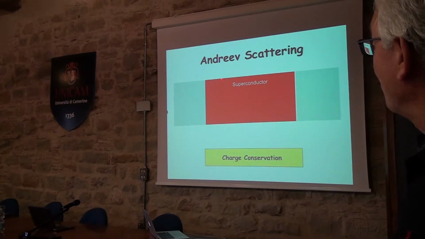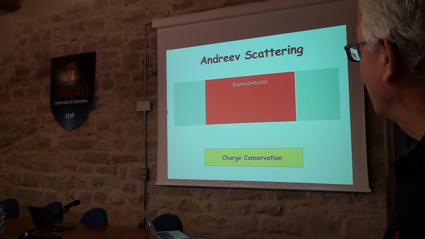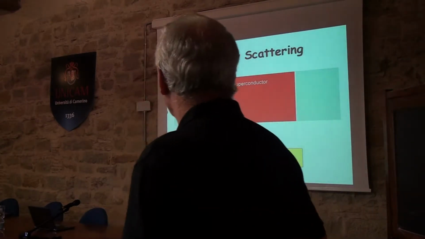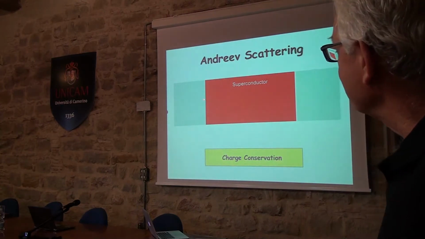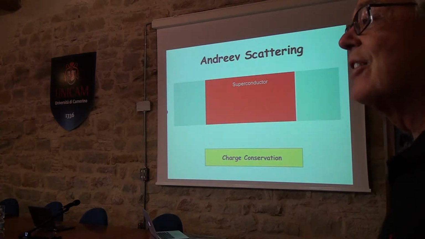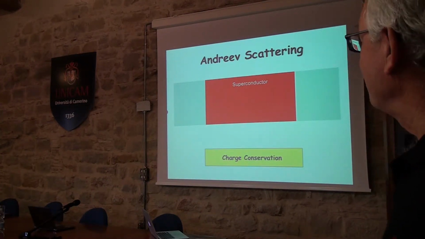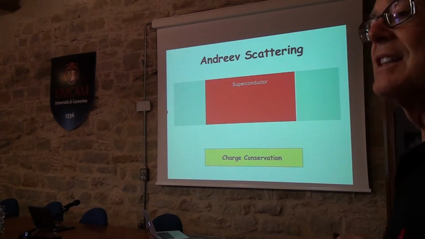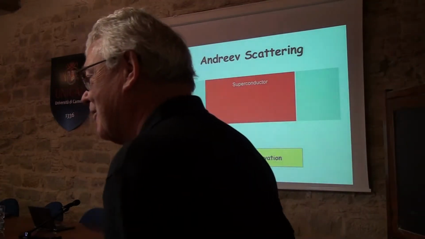But because of the broken particle number symmetry of a superconductor, a normal metal quasi-particle can be Andreev scattered as a hole. And so this quasi-particle process actually violates particle number conservation.